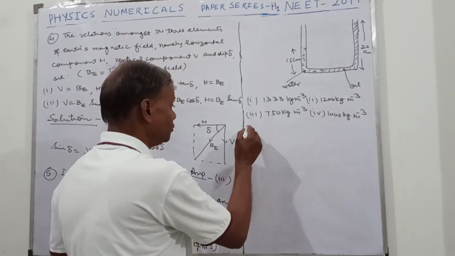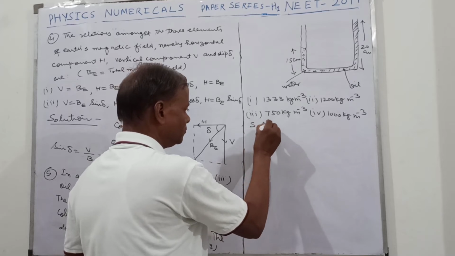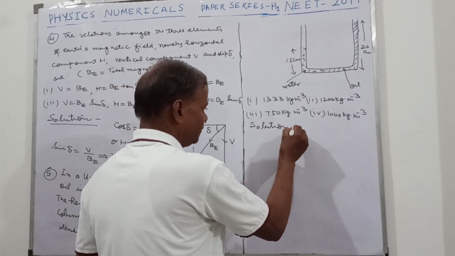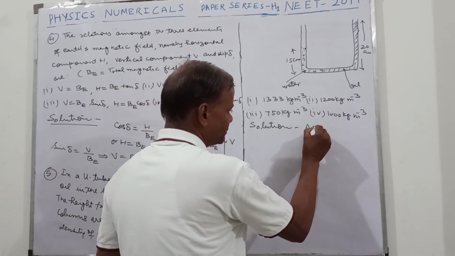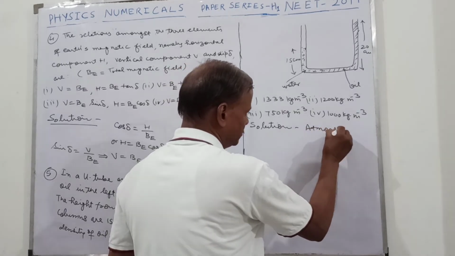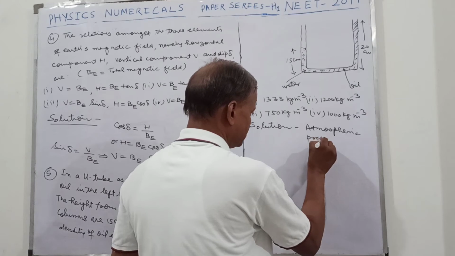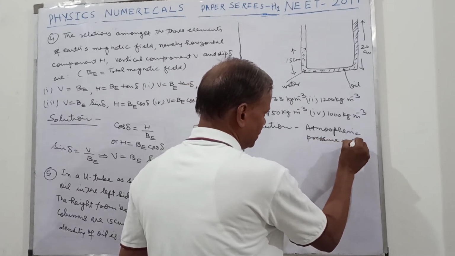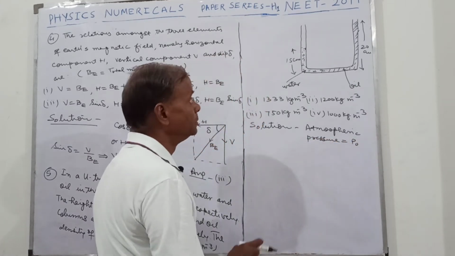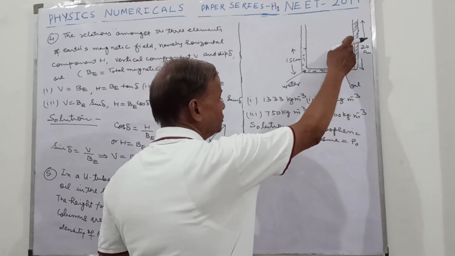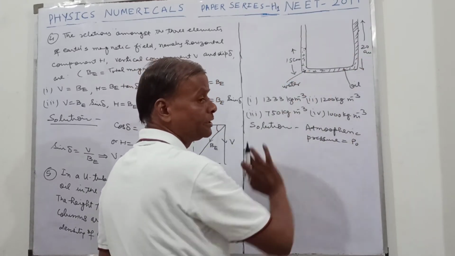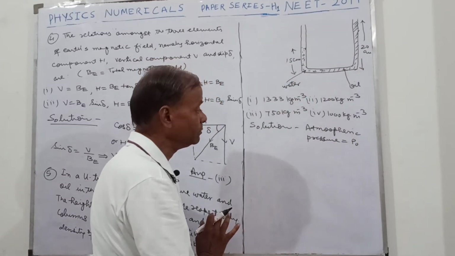So now how to do the solution? Let the atmospheric pressure be P naught. The pressure on this side and on this side must be equal because this is in equilibrium. They are not moving at all.